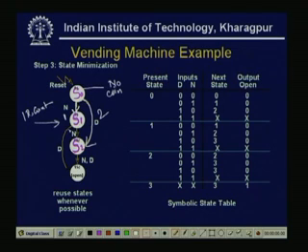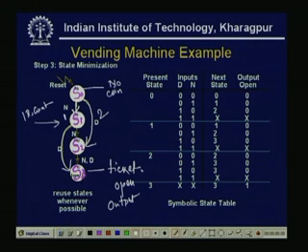If someone puts a 2 rupees coin, that means it is 3 rupees and it should give a ticket. So it will produce a ticket, that is the output, whatever we can call it.